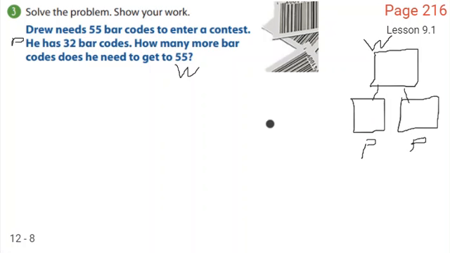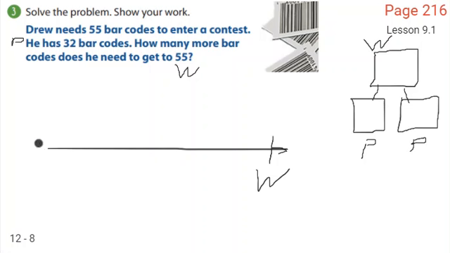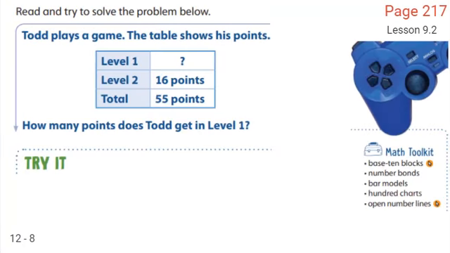And you should be able to write out an equation or do your open number line to figure it out. Remember, the whole goes at the right side, and the part that you do have goes at the left. So this is your whole, and this is your part. And whatever this is going to be is your other part to find that whole. Okay. All right, let's move on.